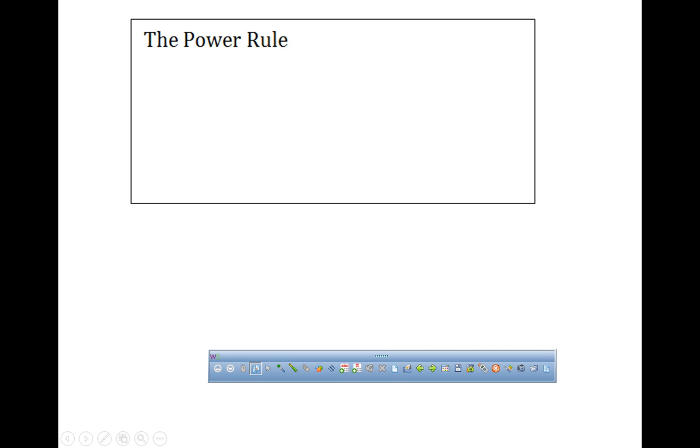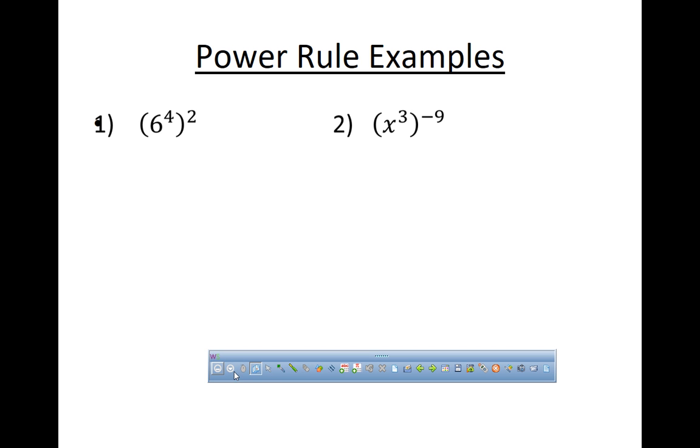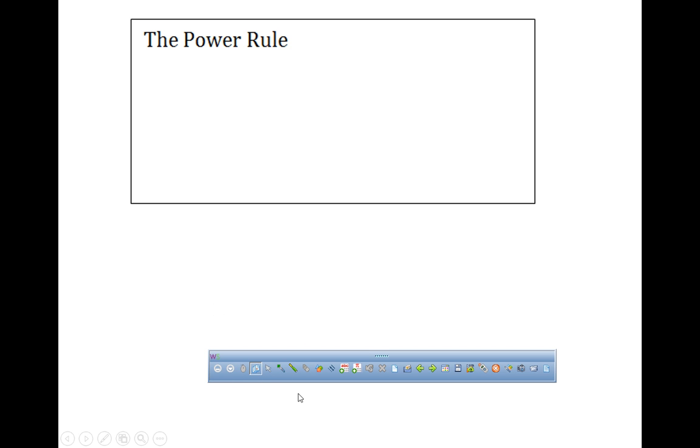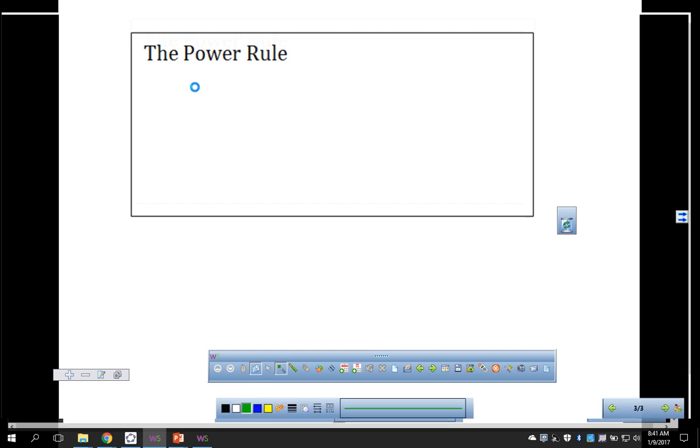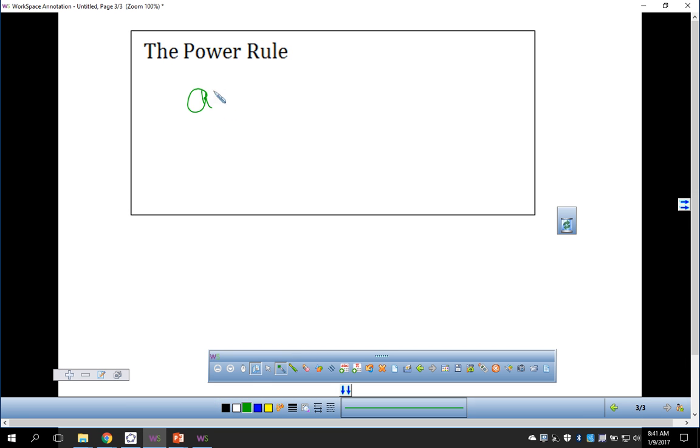Power rule says, if you have a to the m raised to the n power, that's equal to a to the m times n, like that. That's the power rule. We're going to do some examples in a second.